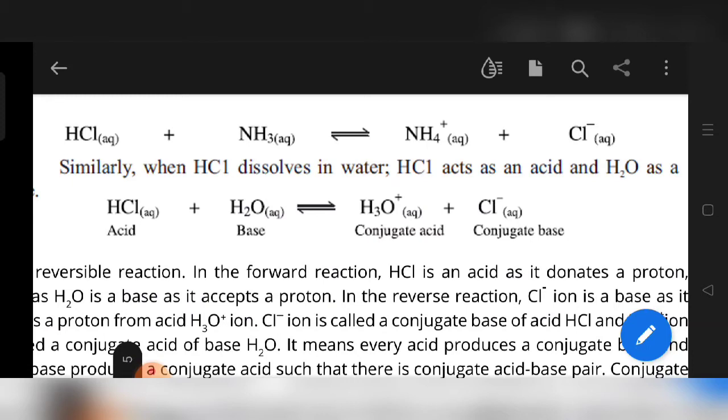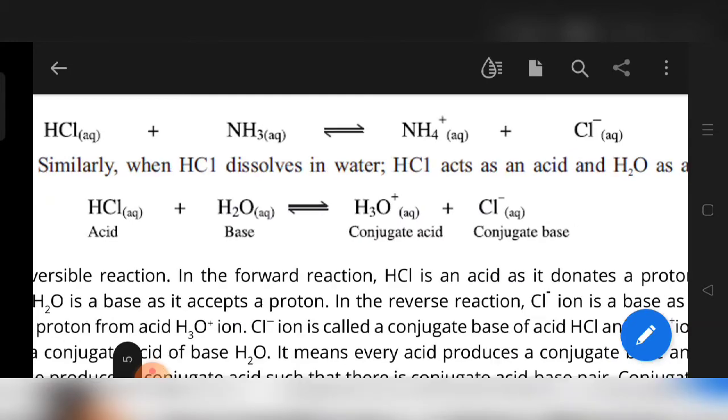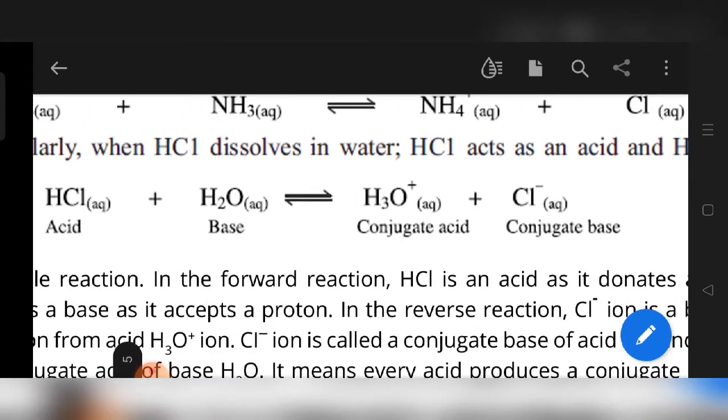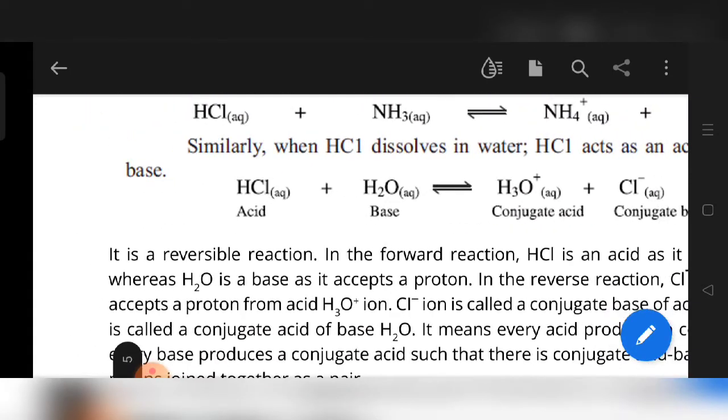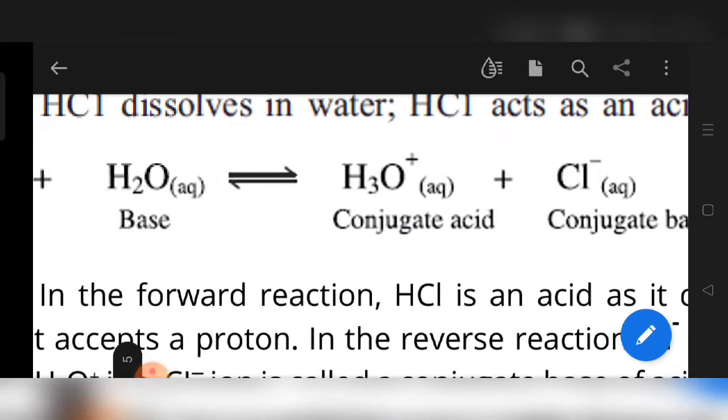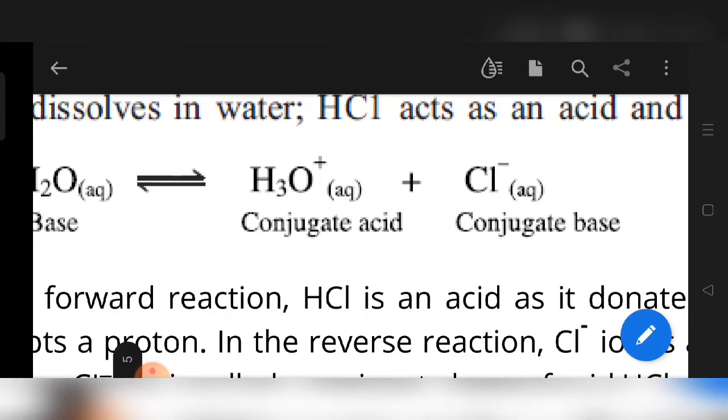You can see another point of view. For example, on the left side of the reaction, HCl is an acid and water is a base. But after donating and accepting the proton, they convert into hydronium ion and chloride ion. In this product, you can see that the hydronium ion has an extra proton.